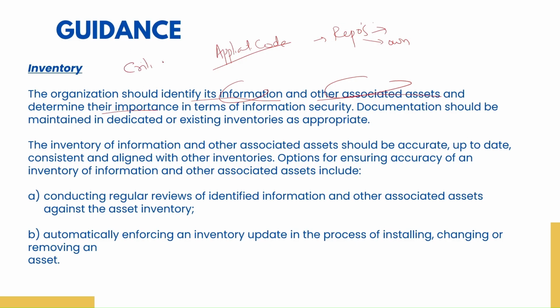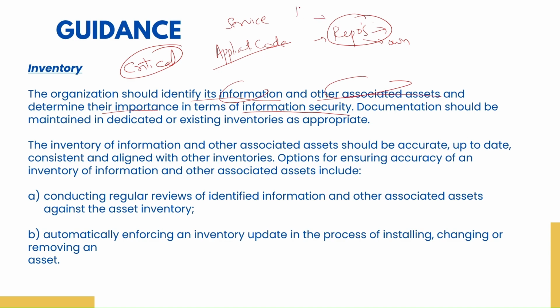So it is saying, I told you, right? You have to understand the criticality of the server, whether it is high, low, medium. You have to understand the importance of the assets in terms of information security. How will you understand whether this is of high importance or low importance? Depending on the service that asset is providing. For example, this repository is having my application code.